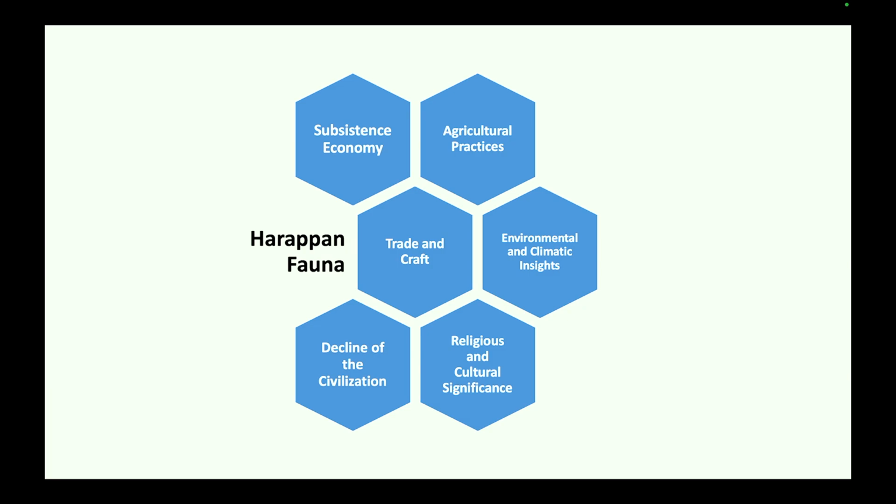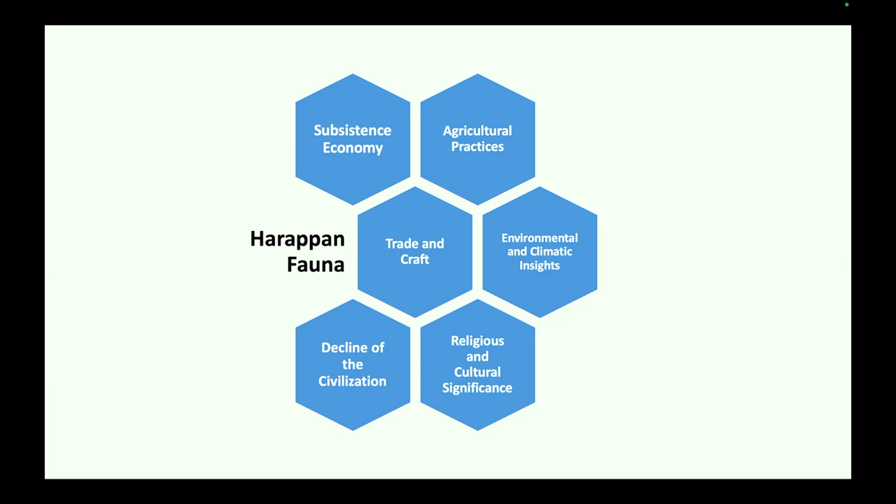Fauna reveals different kinds of information like subsistence, economy, agricultural practices at the contemporary time, environmental and climatic insights, religious and cultural significance of a particular region, trade and craft of the Harappan civilization, and also the decline of the civilization.